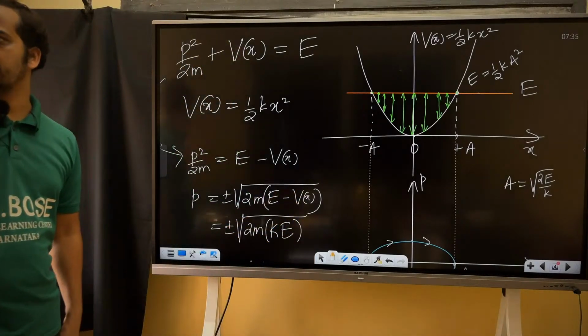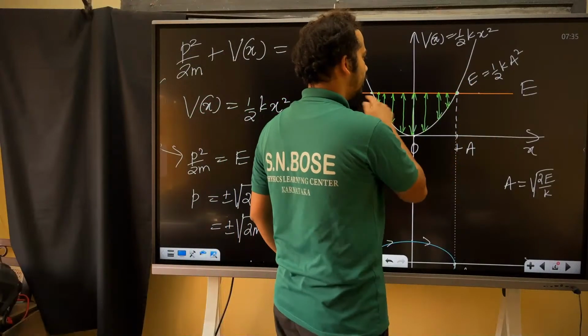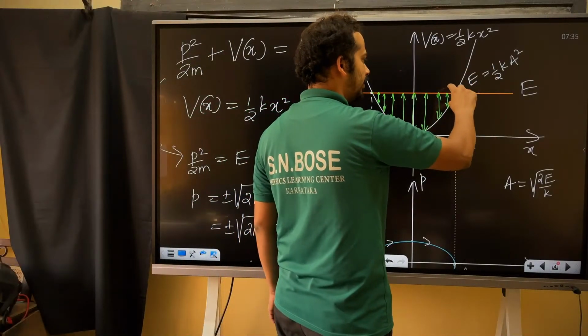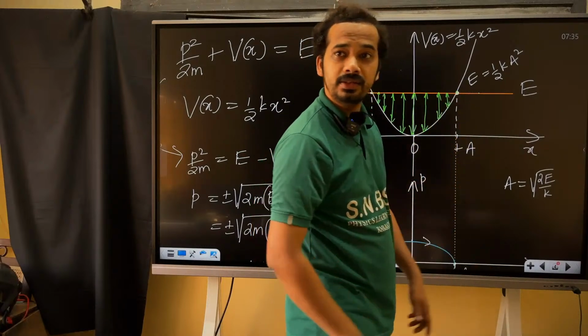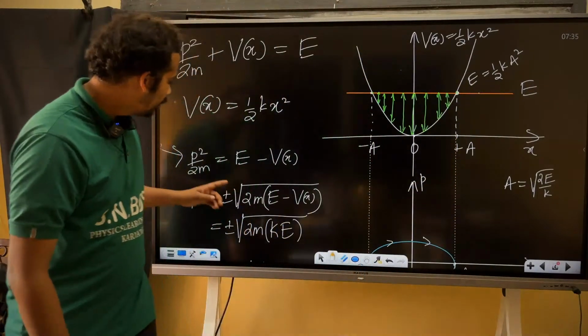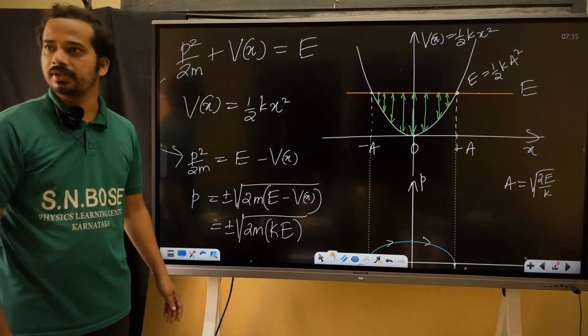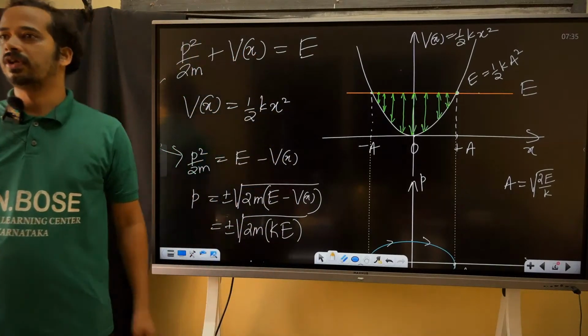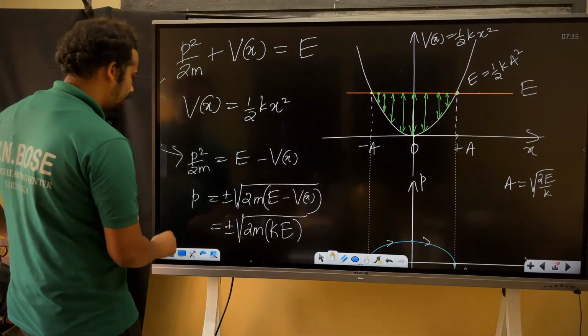So in the potential curve itself, when you draw the energy, energy minus potential energy is the kinetic energy. You know how kinetic energy varies, that means you know how momentum varies. Suppose in the upper half plane, you make the mirror image in the lower half plane. That's done. This is a very strong idea actually.